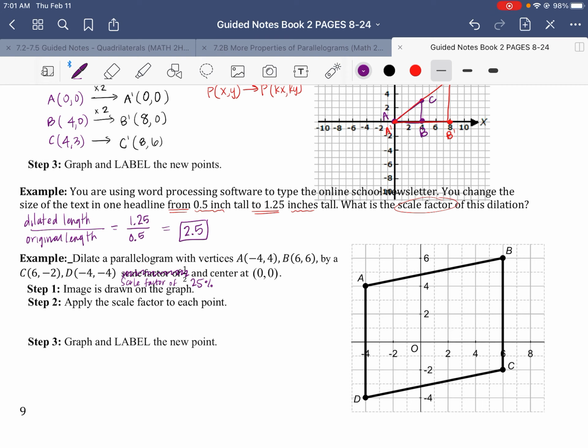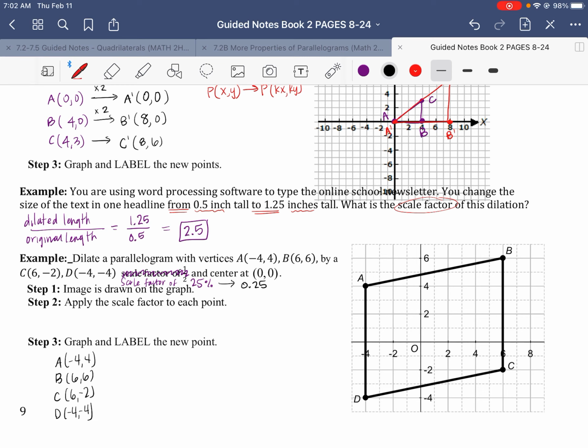Now if it's a percentage, when you do a scale factor, you're going to just change it to a decimal when you multiply each of the pieces. So that's like 0.25 or 1/4. So let's say I take my original points A, -4, 4, B, 6, 6, C, 6, -2, and D, -4, -4.